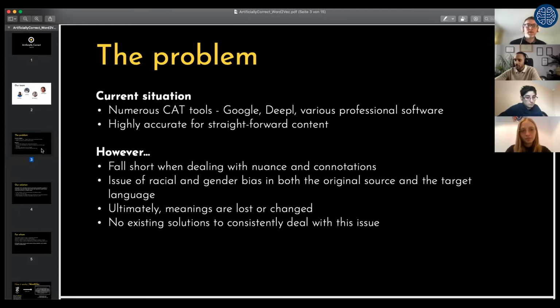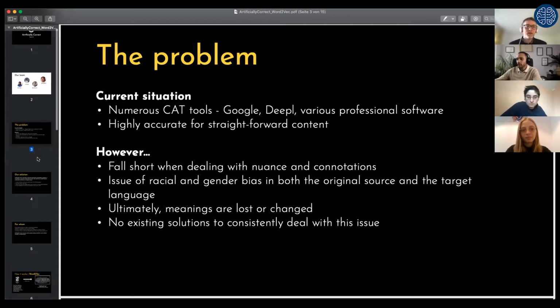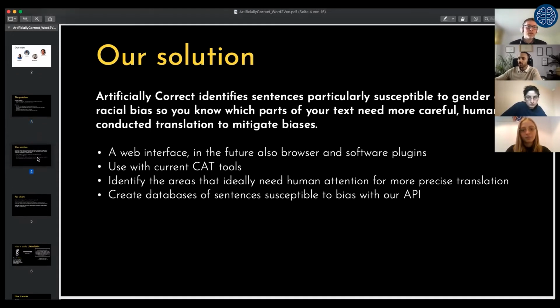We were thinking, okay, how can we solve this, or how can we flag these particular instances of text that are susceptible to bias, and therefore create a tool that researchers can use in order to improve these machine learning models, but also just a tool in general that people can use.